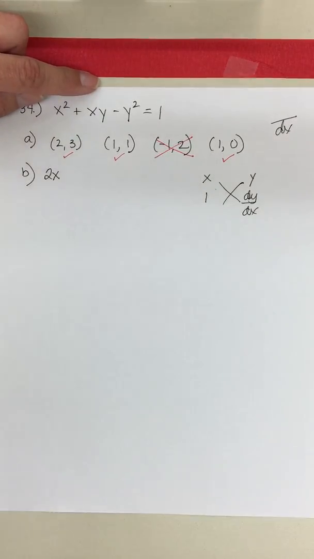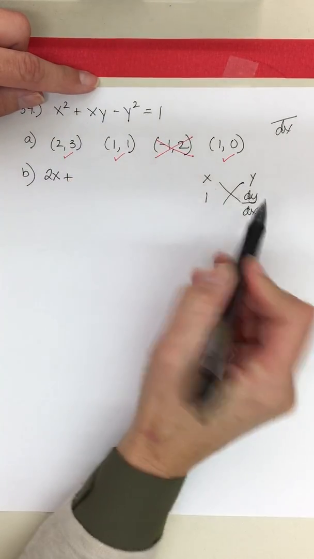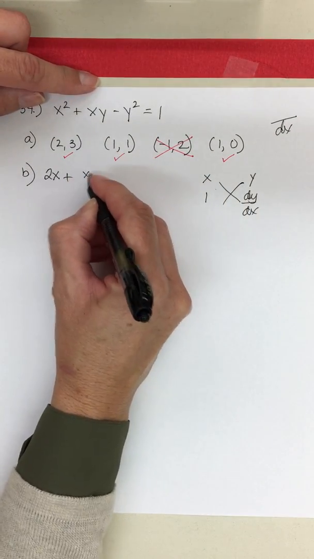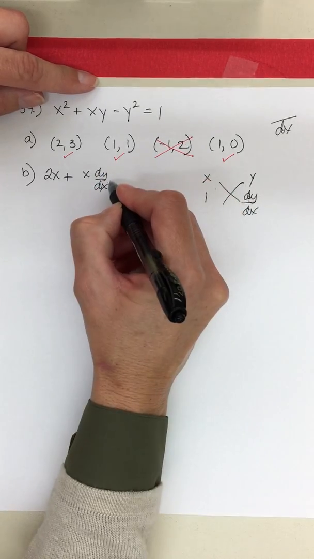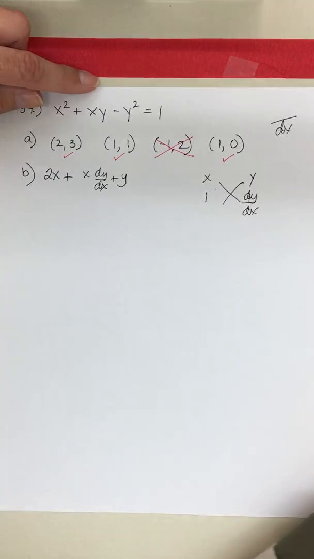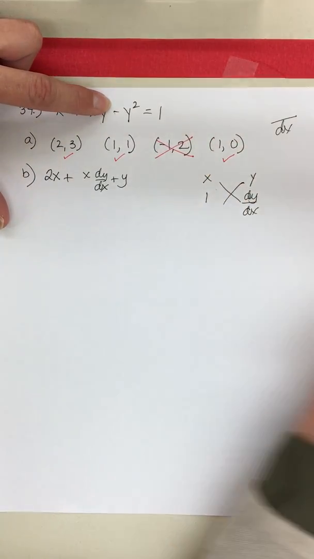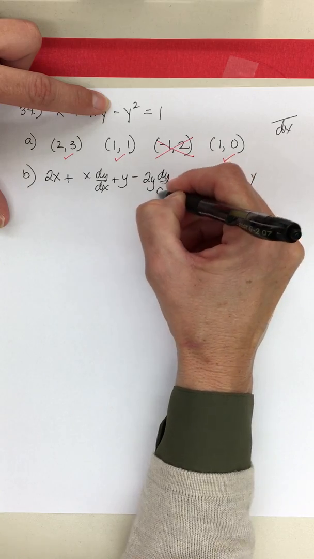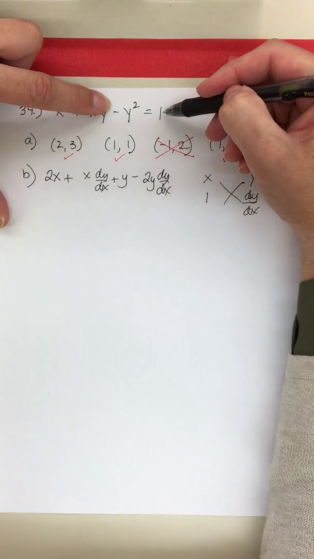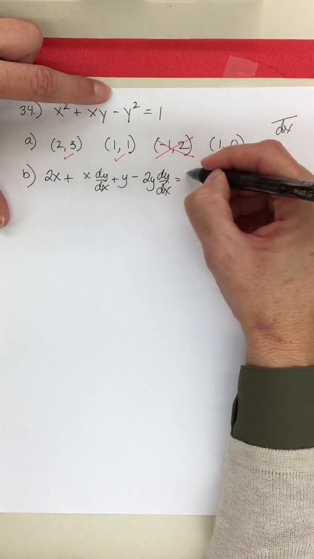Okay, product rule crisscross, and you're going to get x dy/dx plus y. Then the derivative of the negative y squared is negative 2y dy/dx. And don't forget the derivative of the right side, the derivative of a 1 is 0.